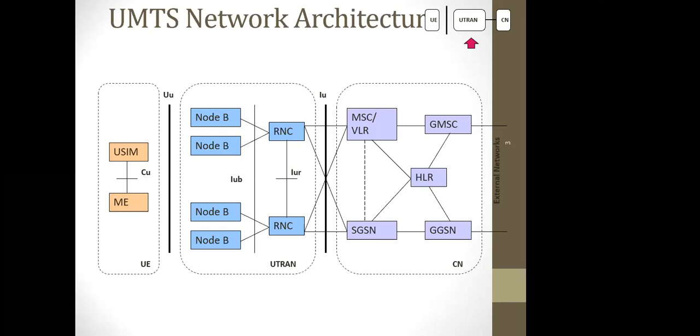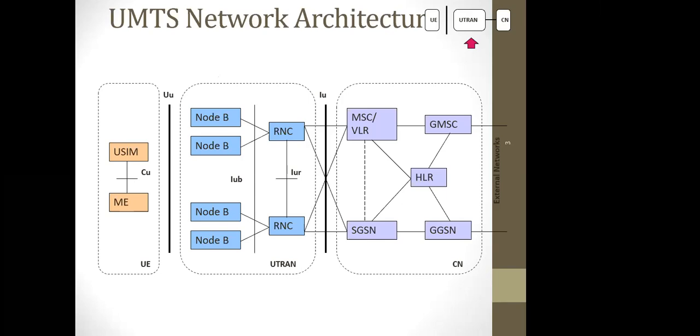Okay, let's see. Now, in the case of 3G, I told you before that the UE is connected to different base stations called Node B, and then they are connected to the RNC, and this whole part is the RAN, UTRAN. In the case of UMTS, it is called UTRAN, the RAN part, and in the core network there are two paths, but the paths are not like control signaling and data.